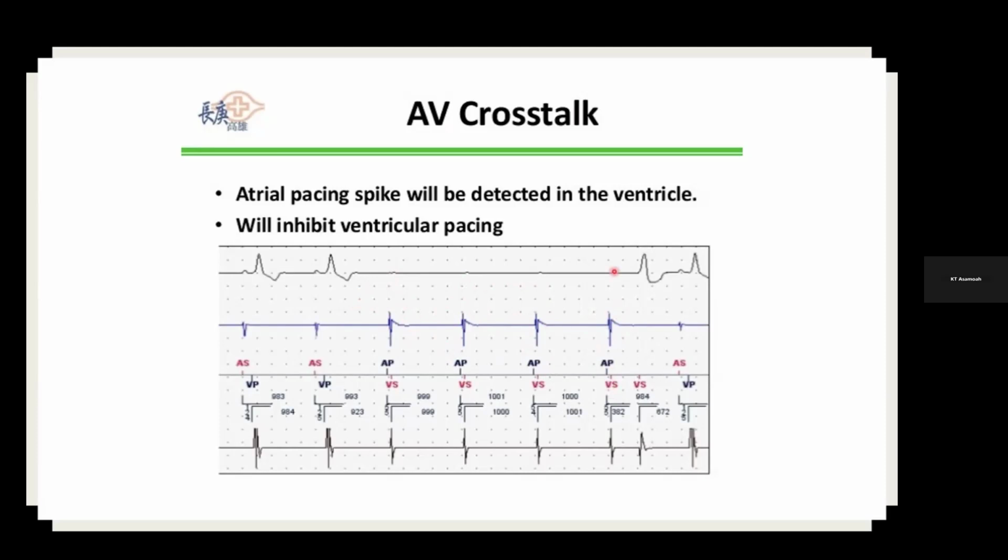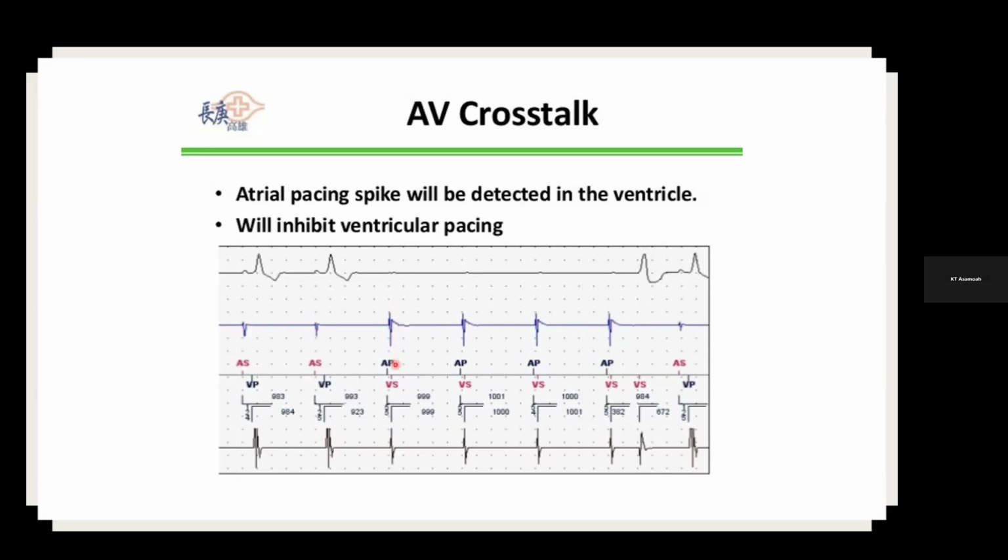Now, crosstalk only occurs with atrial pacing, not atrial sensing. It was sensing and there was nothing wrong. But once the atrial pacemaker spike came in, that is when the ventricular lead started seeing it and then the crosstalk occurred.